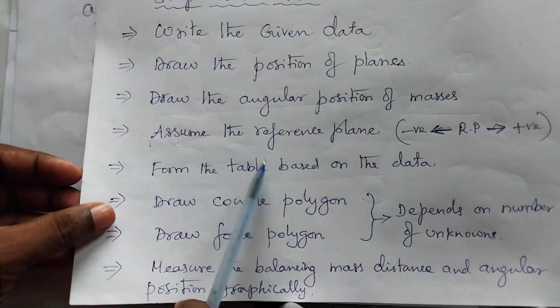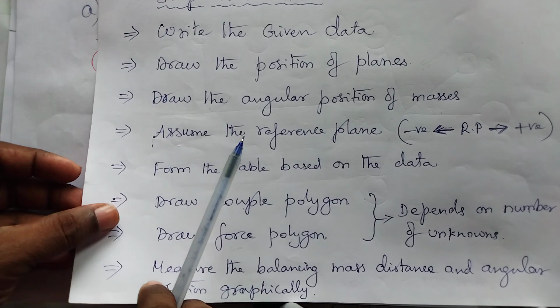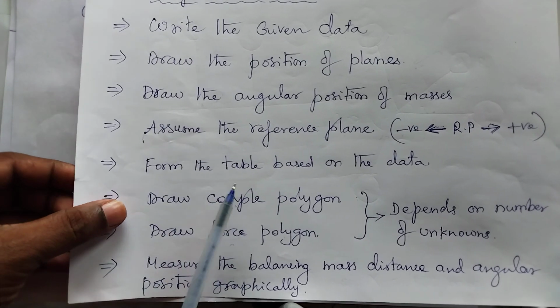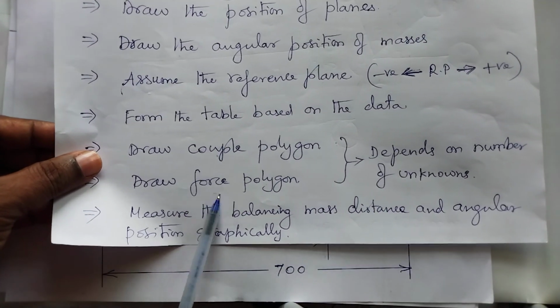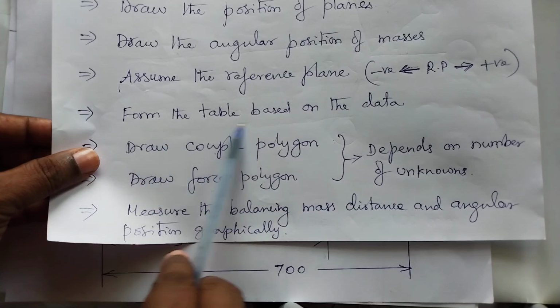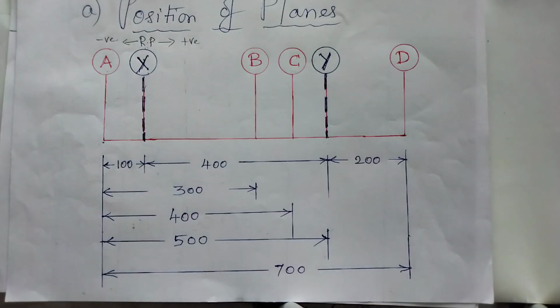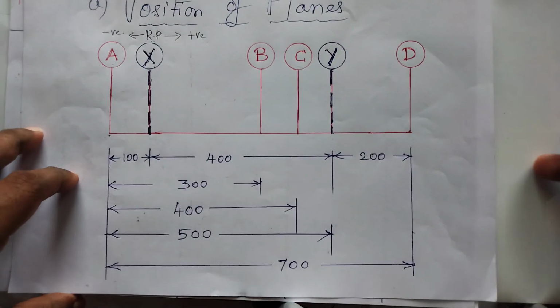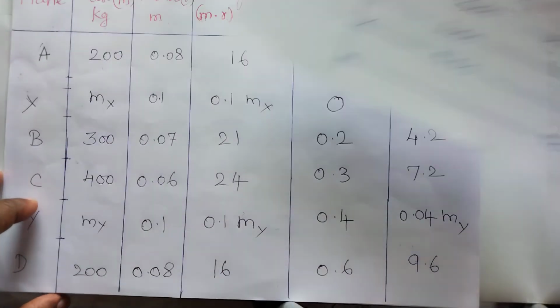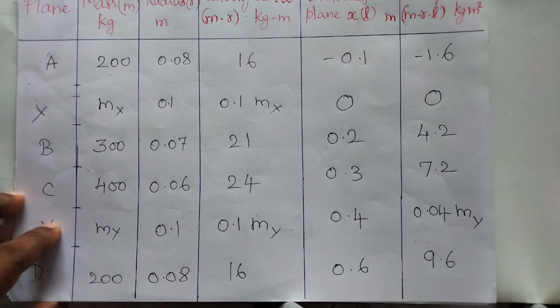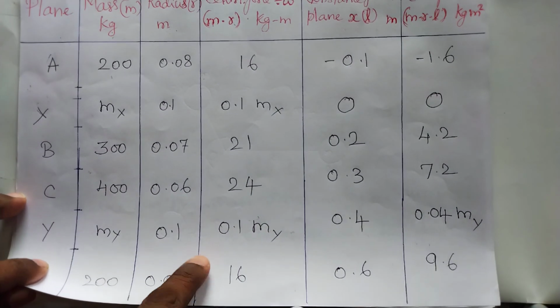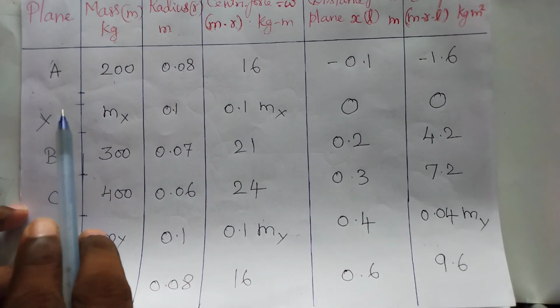After completing this reference plane and position plane, next step is you have to form the table based on the mass and radius. You have to form the table to draw the couple polygon and force polygon. So we will form the table. I already mentioned this table. You can see the values here also.